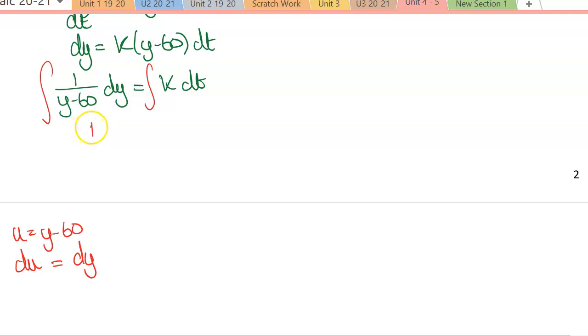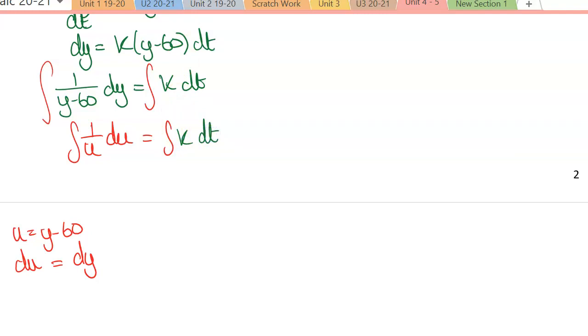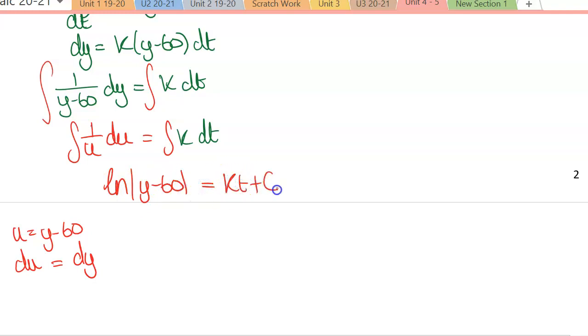So I have 1 over u du equals, I'm going to integrate k in terms of t. So I've got the natural log of the absolute value of u, which is y minus 60, equals kt plus, call it c sub 1.